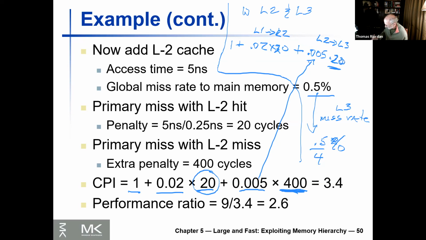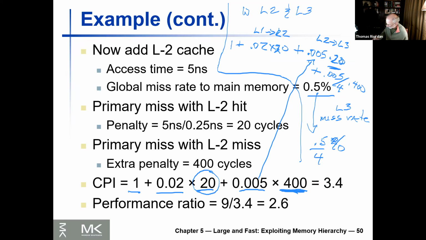And then finally, we go out to main memory. And now our miss rate is 0.005 divided by 4, times the 400. And so now we want to do all that math and come out with a new number here.